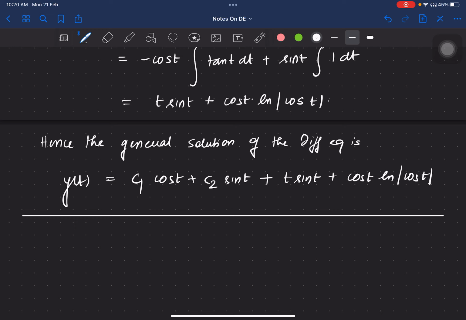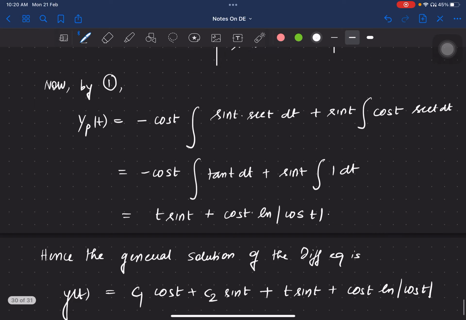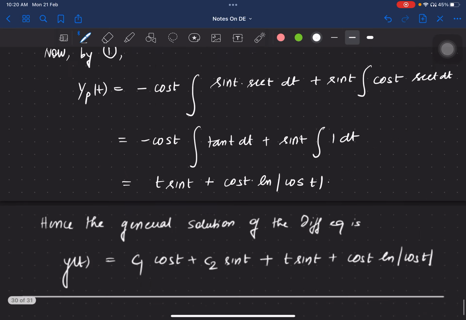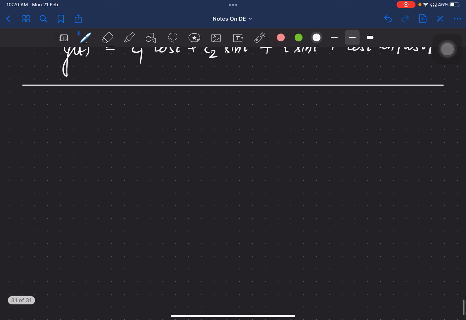Okay, to understand better, let us solve one more example and see what happens. Y double prime minus y, same thing, just changing this. This can be done by undetermined coefficients, but still we will do it by the method of variation of parameters and see what comes.